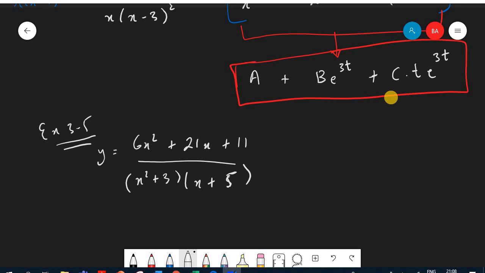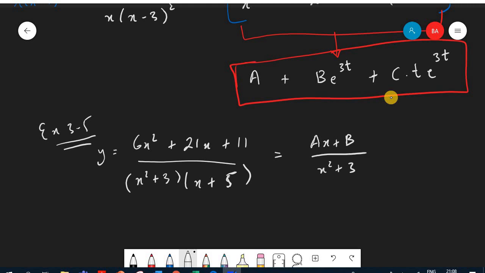In this problem, what do I have? This term here is not as easy as we would expect, and it will need some kind of calculations, because I have x squared plus 3 and I cannot do any kind of variations for it. So this will be something like ax plus b over x squared plus 3. And why do we say ax plus b?